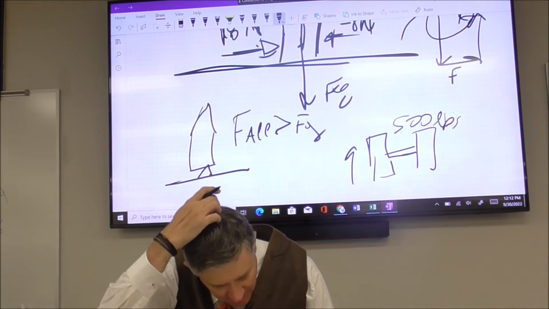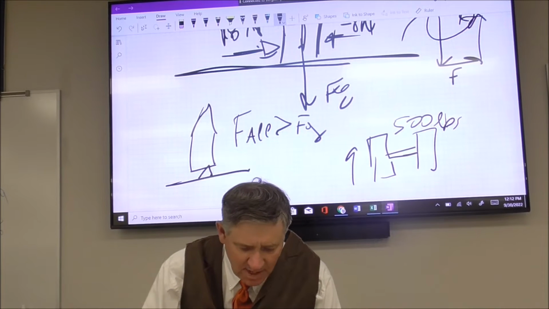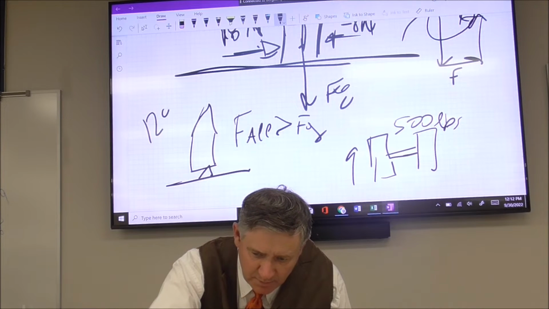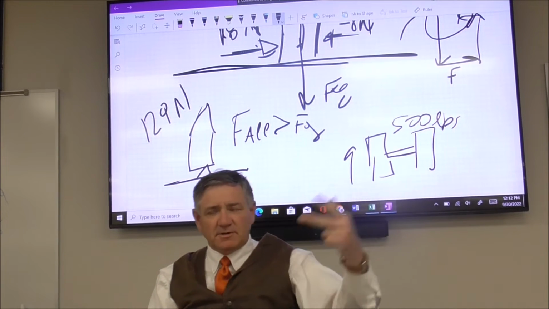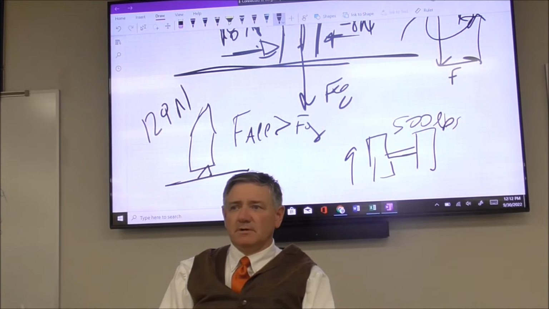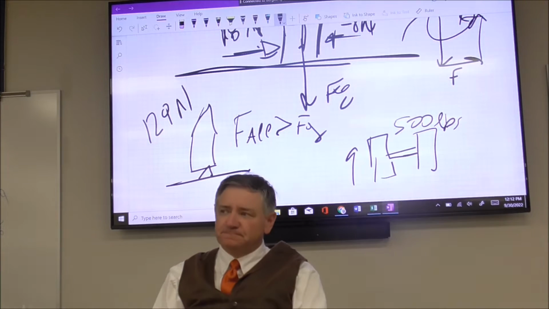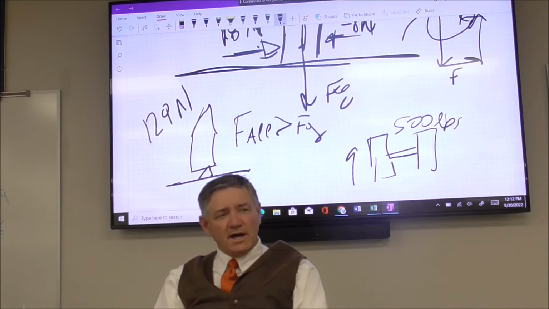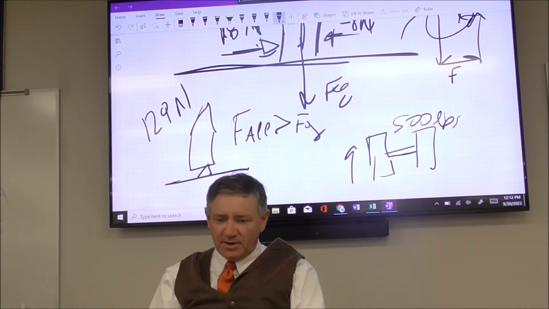So what's happening on number 10, here's the rocket. You've got a 129 newton force. Is that my applied force, my net force, or my opposing force? That's your force applied. Then you have to ask yourself, what do I have to pay the gravity mafia? We can figure that out.